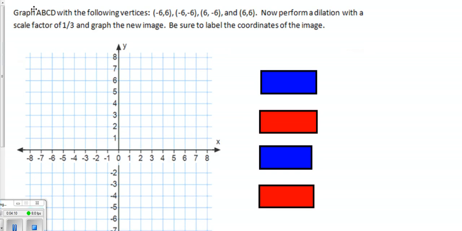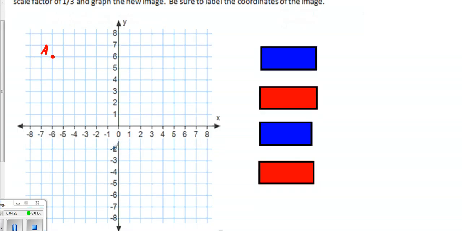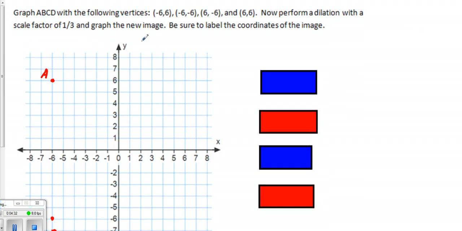In this example, we are asked to graph A, B, C, D with the following vertices. So A is at -6, 6. So -6, 6 is right here. We'll call it A. B is at -6, -6. So that would be down here. C would be at 6, -6.